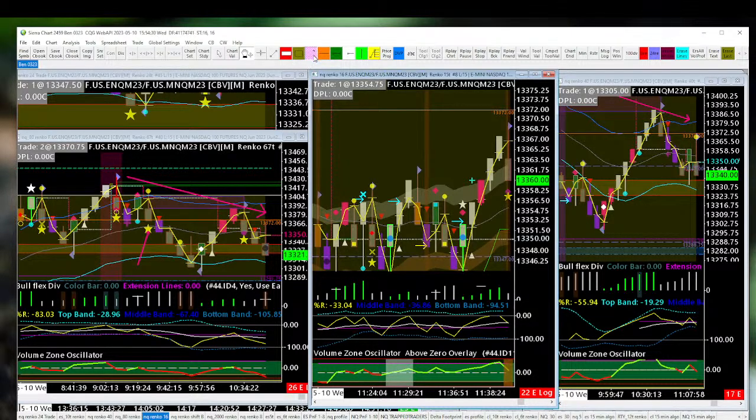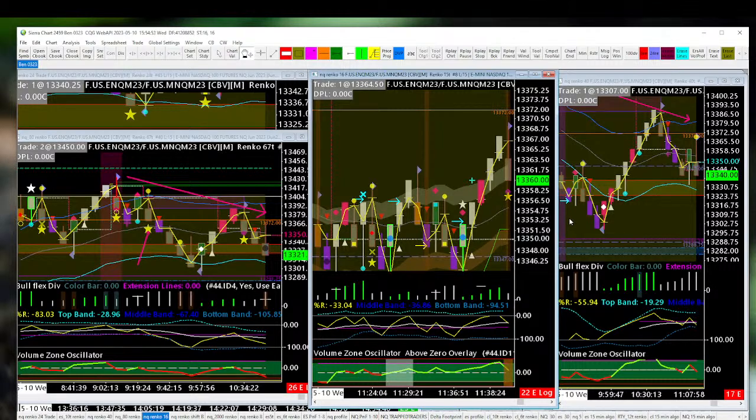The Williams percent R is a very simple momentum indicator with a range of 0 to negative 100, and it's this yellow line here. All it does is it takes the close of the bar and compares it to the range of the high to the low. So it's just looking at momentum.